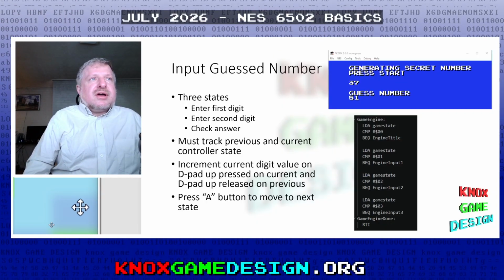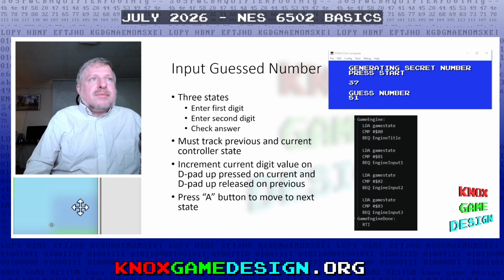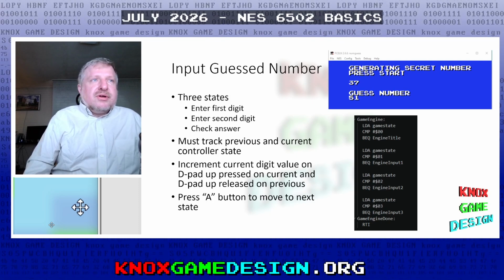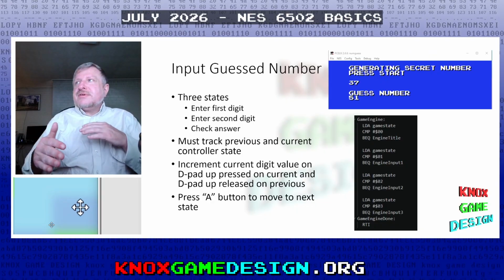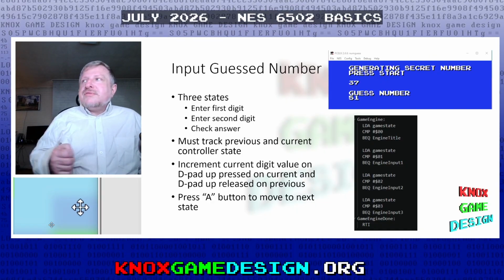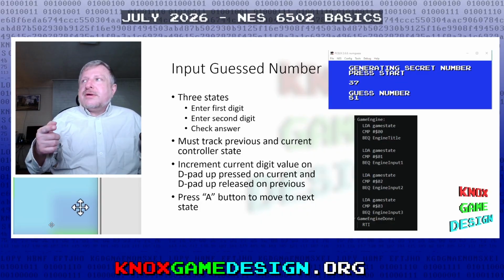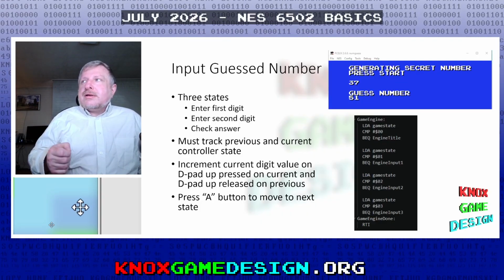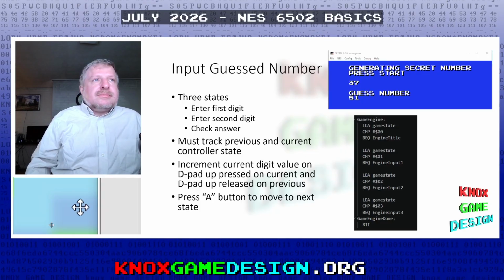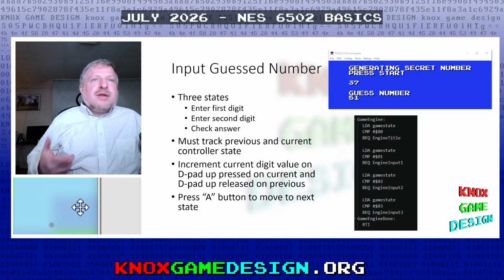Increment the current digit value on D-pad up pressed on current, and D-pad up not pressed on previous. So you're basically checking the previous up state and the new up state. That way, whenever you press up, it's only going to increment one time and not continuously increment that value on every update. Then you can press A to move to the next state.